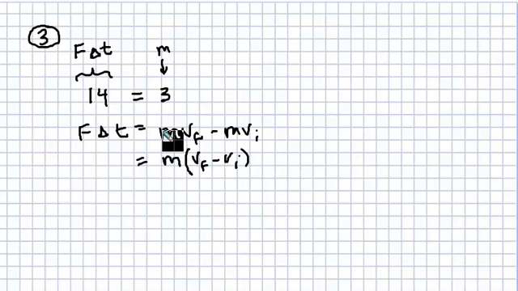So by factoring the m out of the equation above, this term right here, this subtraction, is indeed the change in velocity, since the final velocity minus the initial velocity must represent how much the velocity has changed. So you can see that with that understanding, our equation becomes quite simple. We have 14 equals 3 times the change in velocity. You can take it over from there.